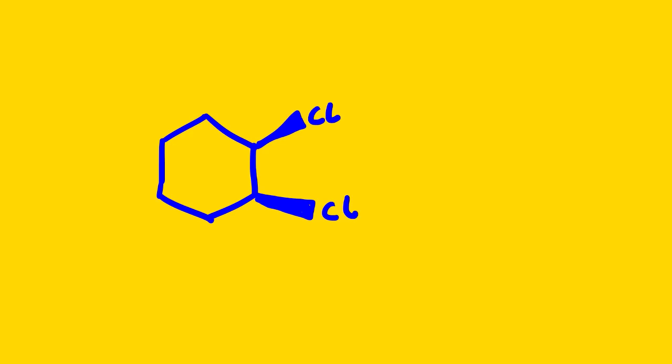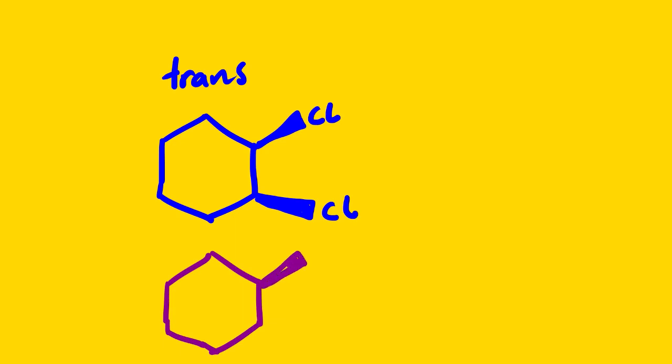And since both of them are towards you, we can say these are on the same side. But then let's say we want to look at the isomer of this, which will definitely be the other form. Remember, the major groups should not be on the same side, so this will be the other isomer.